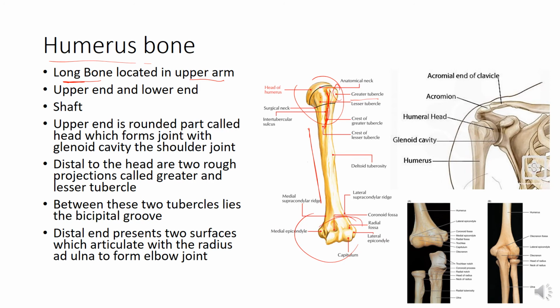So this is the distal end, and it articulates with the radius and ulna to form the elbow joint. Here you can see the upper end, which presents the head, the greater tubercle, the lesser tubercle, then the shaft of the humerus, and here is the lower part of the humerus, which presents certain projections which are involved in the formation of the joint.